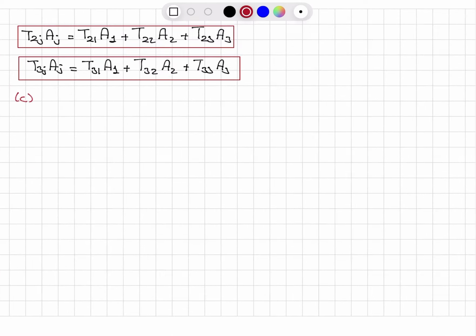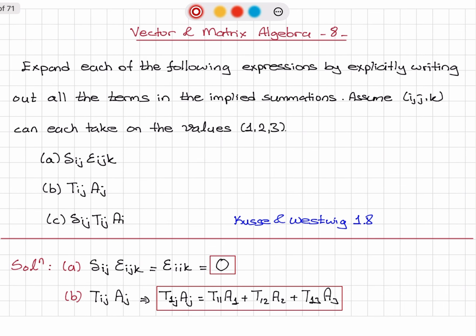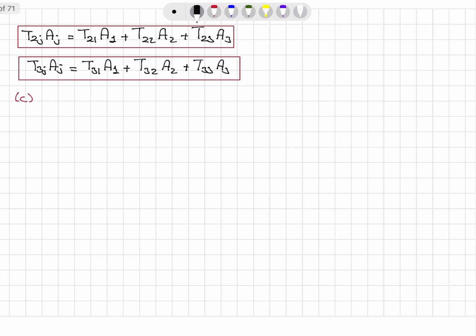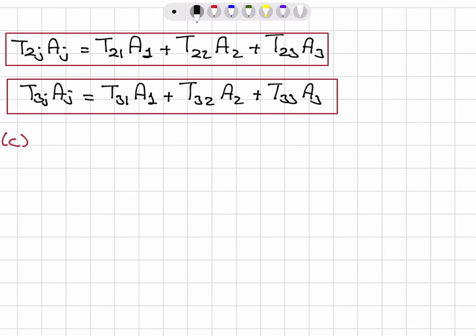And let's look at the last one, delta ij Tij Ai. Now this is Kronecker delta ij Tij Ai. Now this implies summation over j and summation over i. So let's take a look at this explicitly for different j values.